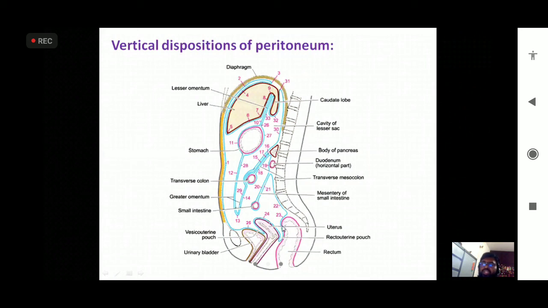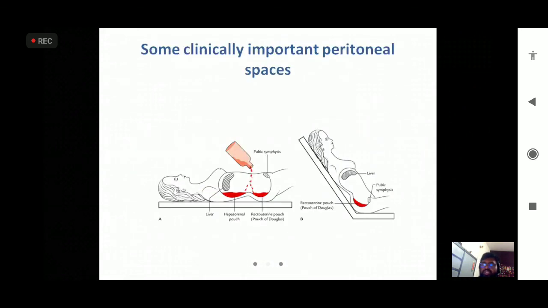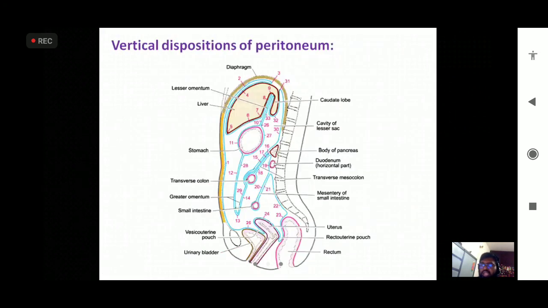Why? Because when the patient is kept in such position, you can see all these fluid are accumulated here, and even during the surgery the fluid is accumulated here. So maybe you have done the surgery very nicely, but there is a bleeding and that blood has been accumulated here in the rectouterine pouch of Douglas, but without clearing this pouch you have closed the abdomen, right?